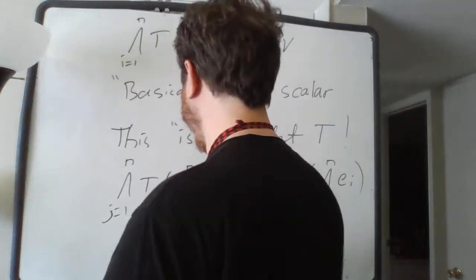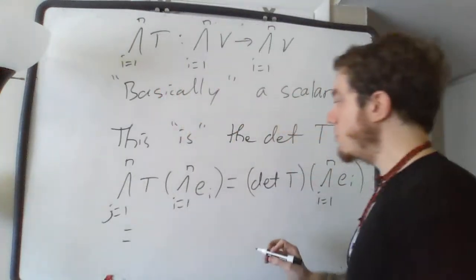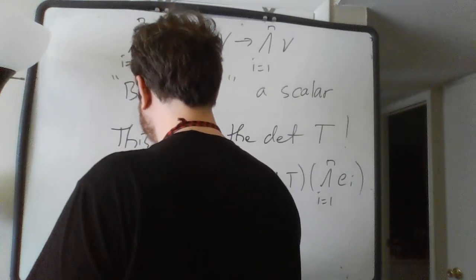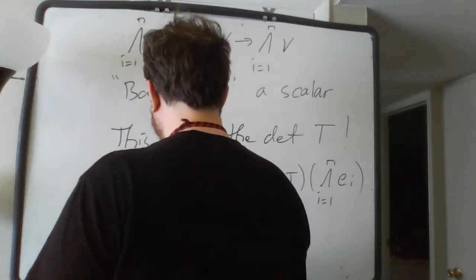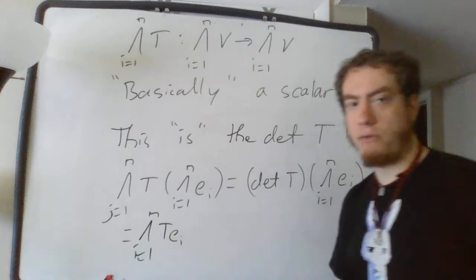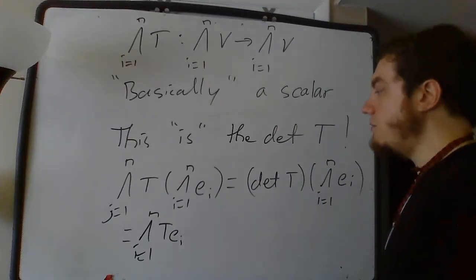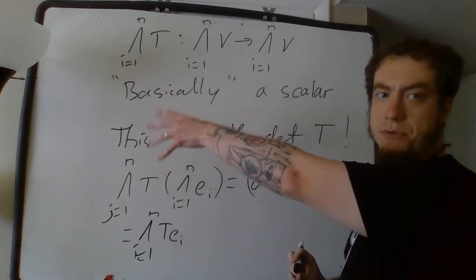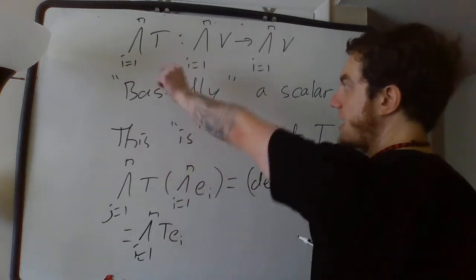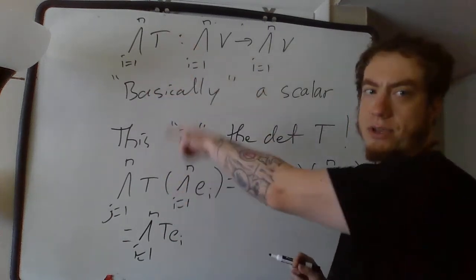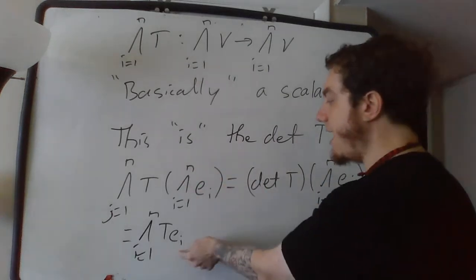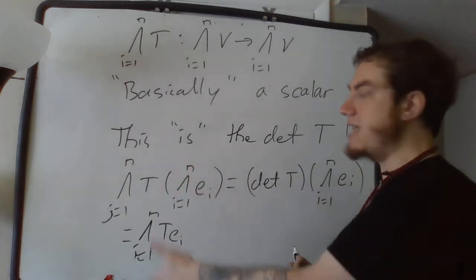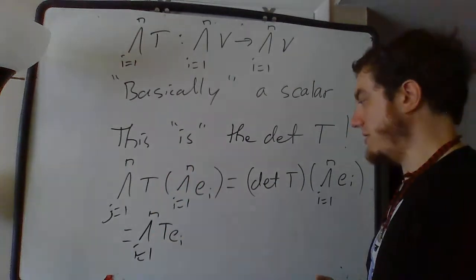Remember, this would be defined to be equal to the wedge from i equals 1 up to n of T acting on e_i. Now, if you've watched my previous videos, you know that T e_i, if we represent this using a matrix, is just going to be the ith column of the matrix. So the ith basis vector gets sent to the ith column in that matrix.